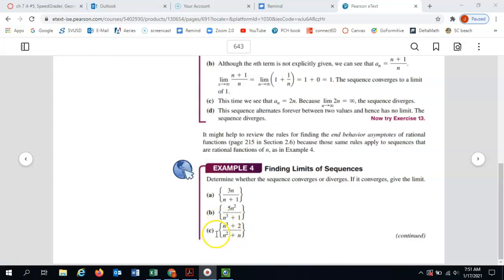So what's going to happen overall as we put in values for n that are super large, if the top is growing at a faster rate than the bottom is? Well, then our overall value in this case is going to get bigger and bigger and bigger. As the top is growing faster than the bottom, the overall value is going to become much bigger. So then what is this graph going to approach as n gets bigger? It would approach infinity, right?